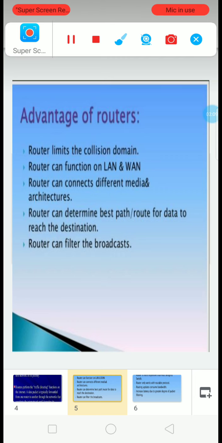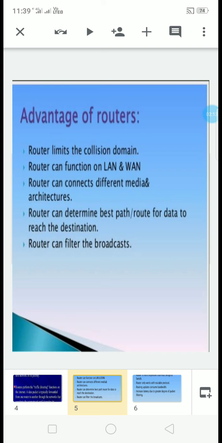Now, the advantages of routers. Routers are used to segment large networks into internetworks made up of smaller networks. Routers and switches are often used in combination. Routers can connect different network architectures such as Ethernet and token ring.